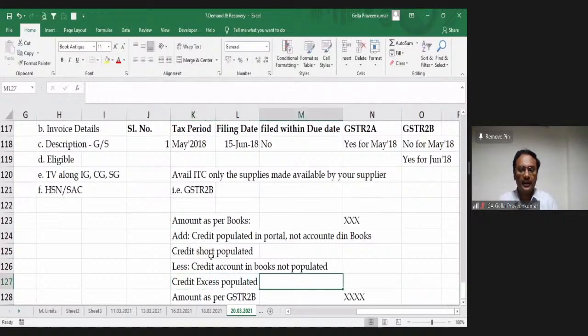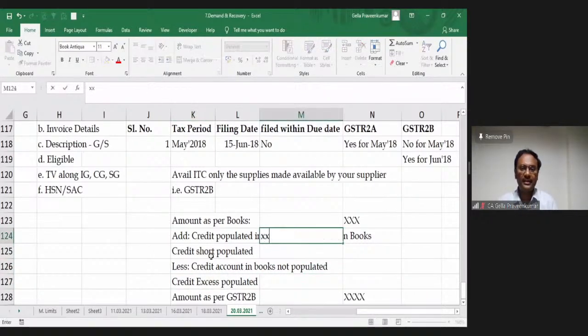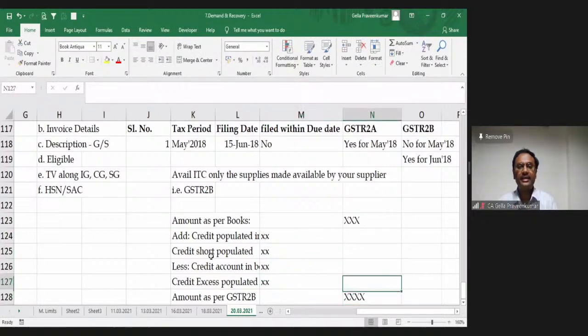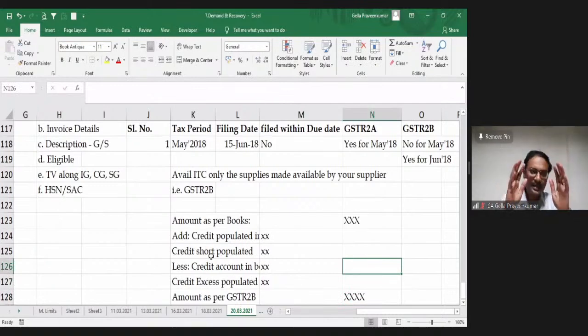Now, this is how I do adjustments. This is how I do adjustments and then come to a conclusion saying that this is how my books versus 2B is matching. All this is something which I have to do on a monthly basis. That is the main reason why professionals are most sought out in this particular filing mechanism.